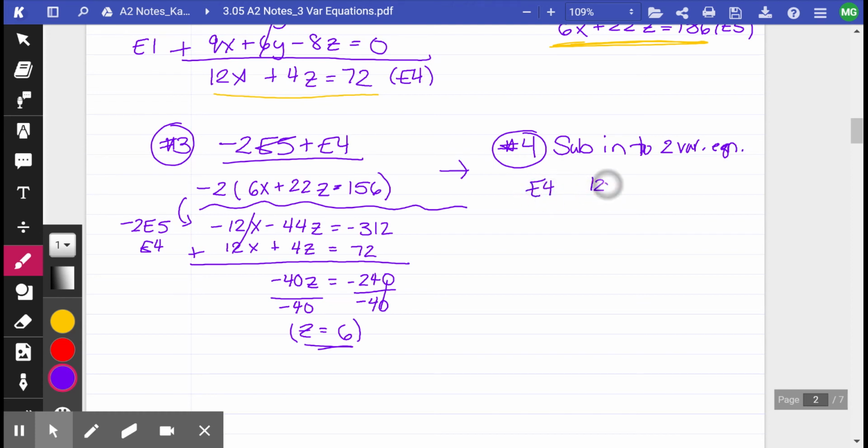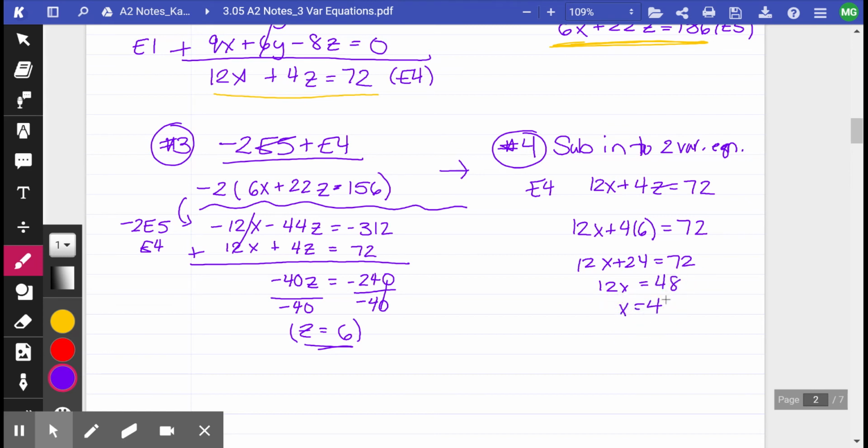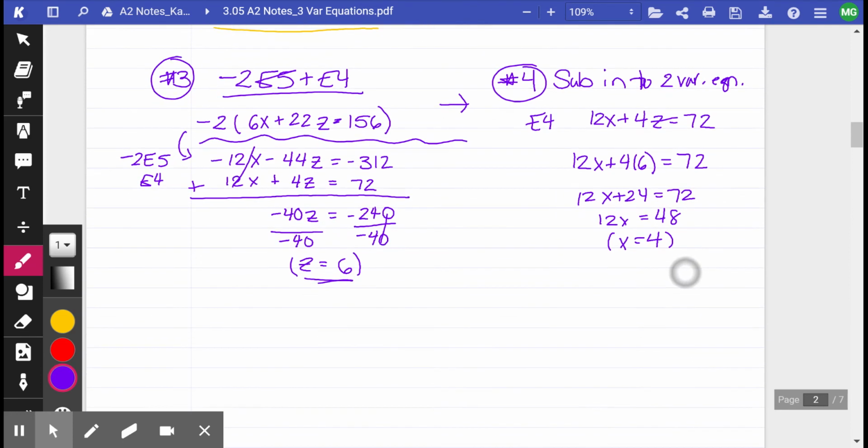So E4 is 12x plus 4z equals 72. And I'm going to take 4 times 6 equals 24. 12x plus 24 equals 72. Subtract your 24. And then divide by 12. And we get x equals 4.